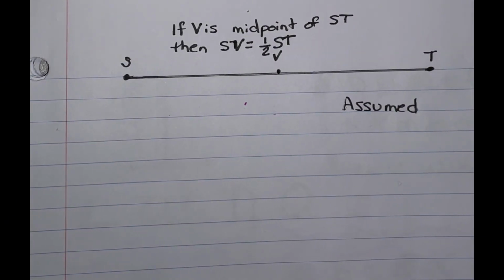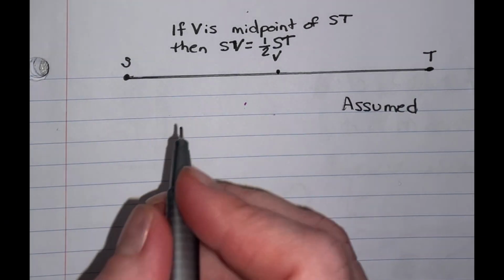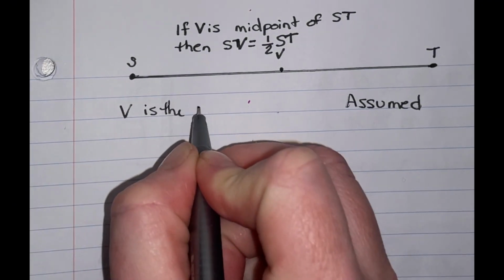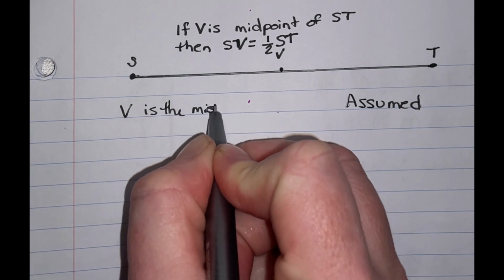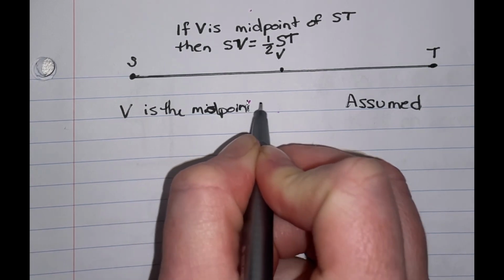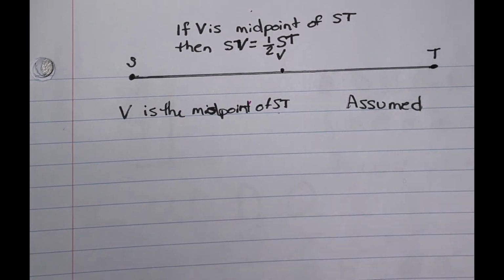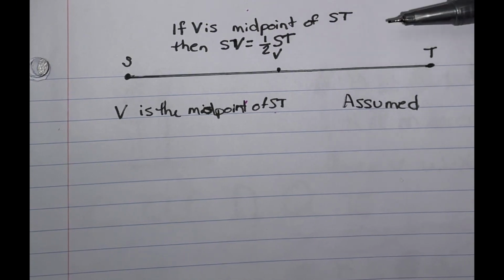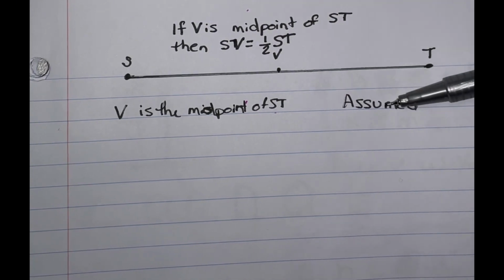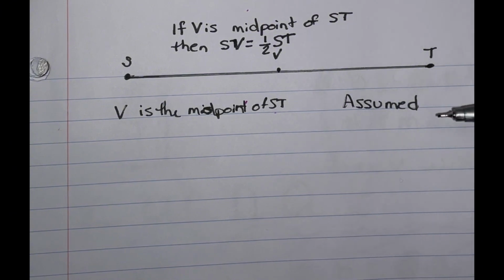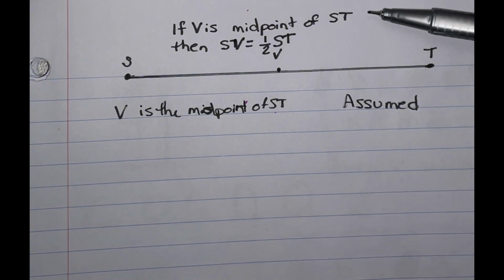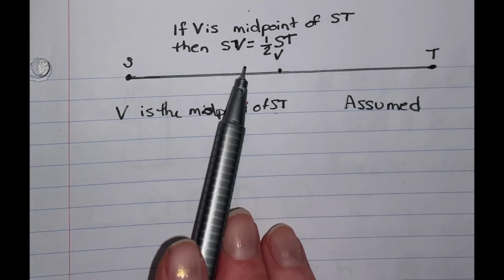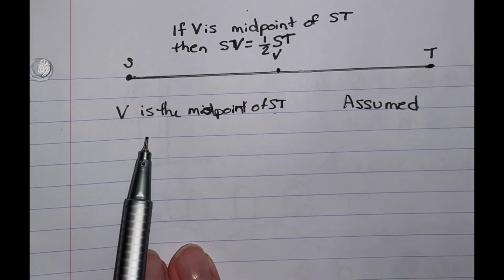So it is assumed that V is the midpoint of ST. Notice that it is the if. In your homework, it's going to give you 2 examples, and know that the if is the assumed. It's going to ask you, what is the assumed? And you need to know. It's the if part of an if-then statement. All right, so if V is midpoint of ST, that is assumed.